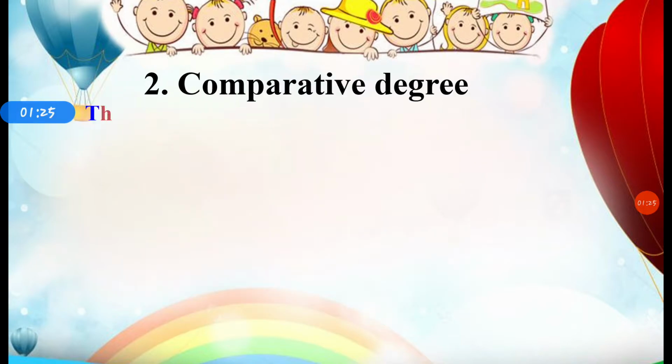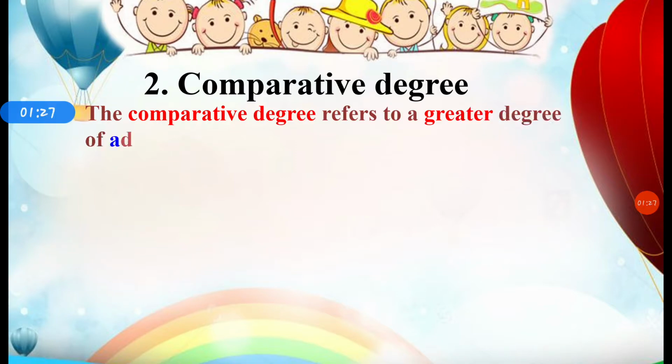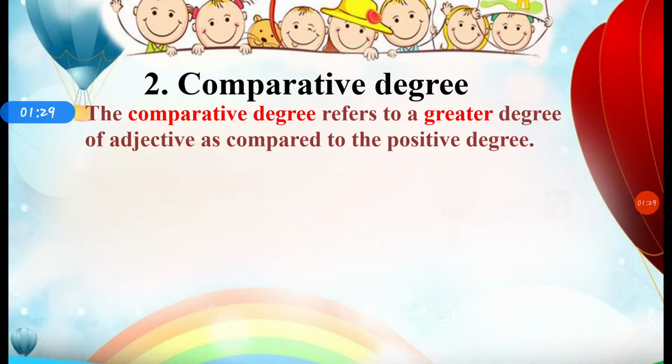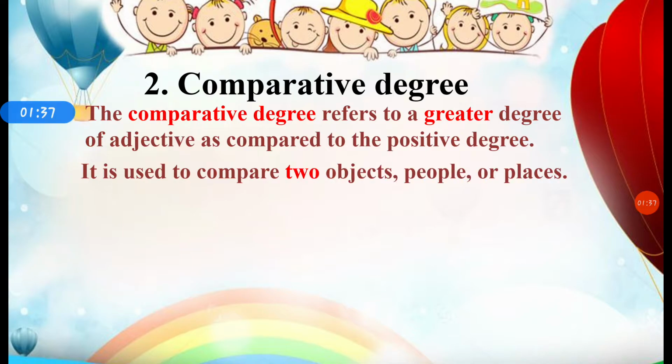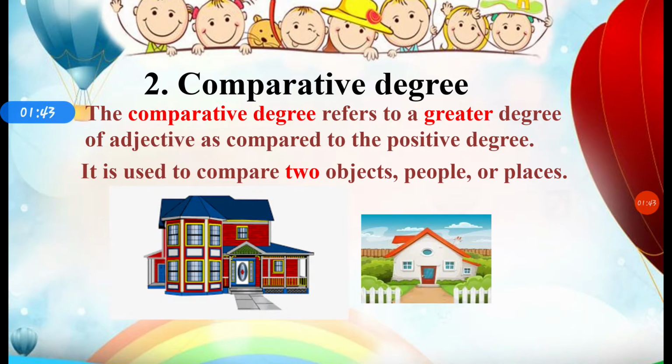Comparative degree. The comparative degree refers to a degree greater of adjective as compared to the positive degree. It is used to compare two objects, two people, or two places. For example, here are two pictures given of house. Have you seen any difference? We can compare it. Yes. How can we compare it?